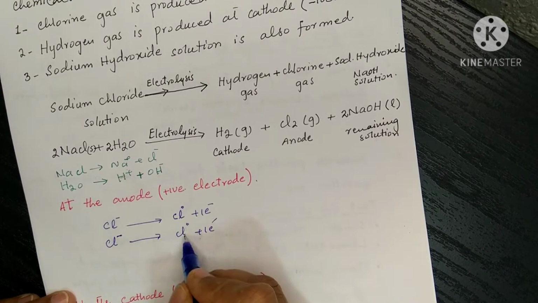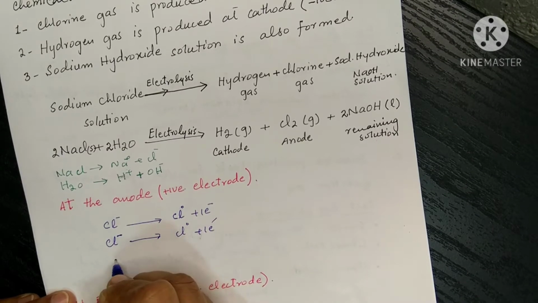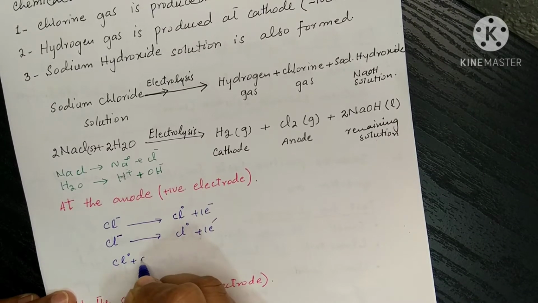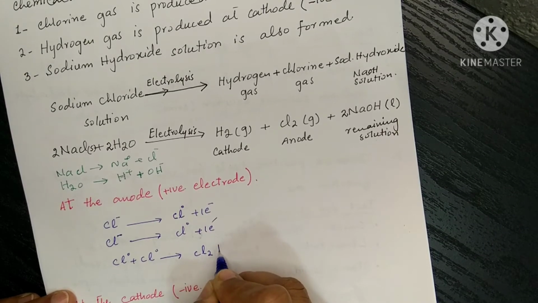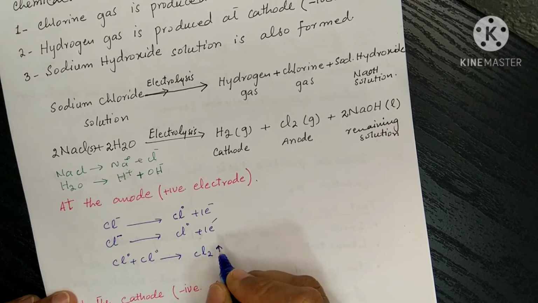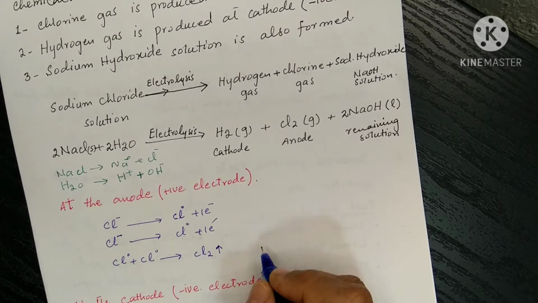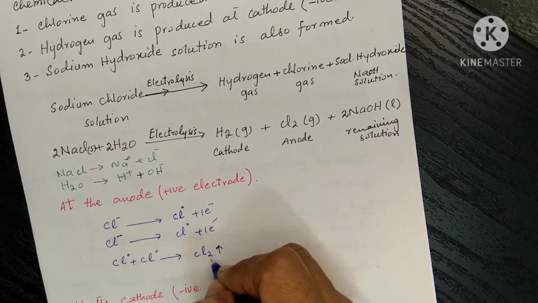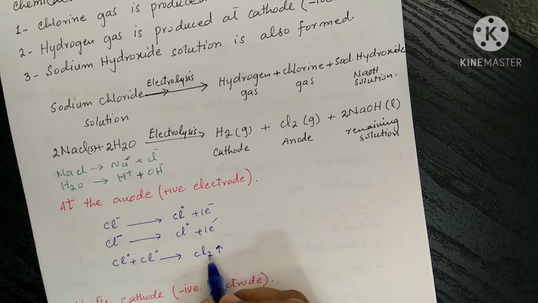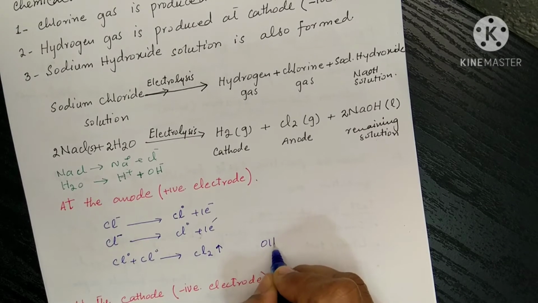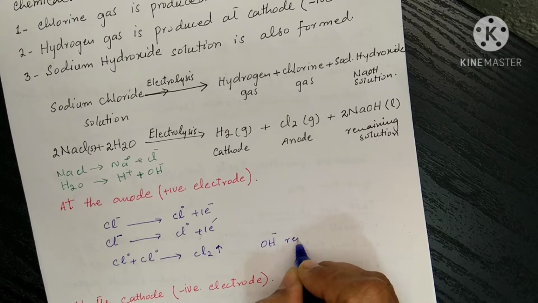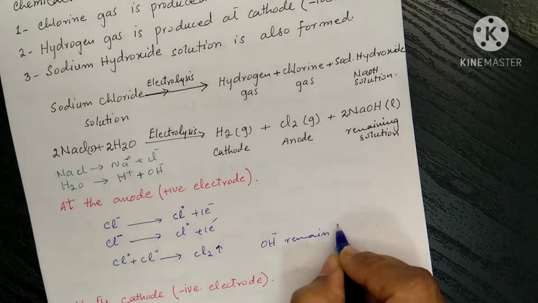These neutral chlorine atoms combine together through covalent bonding and convert into Cl2 gas, and Cl2 gas is released at the anode. Chloride ion converts into chlorine gas, and hydroxide ions, OH negative, remain in the solution.